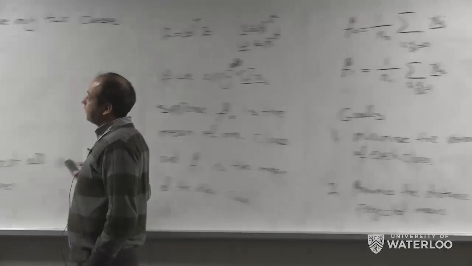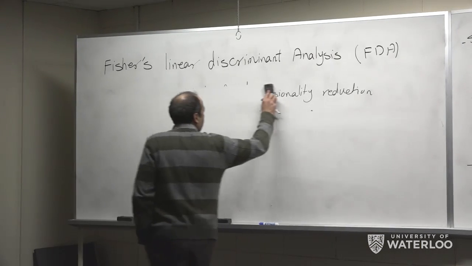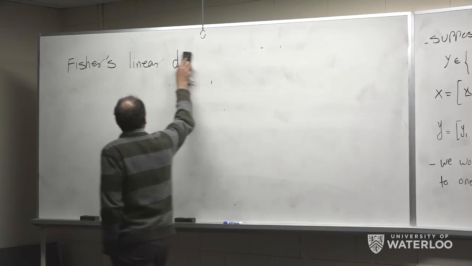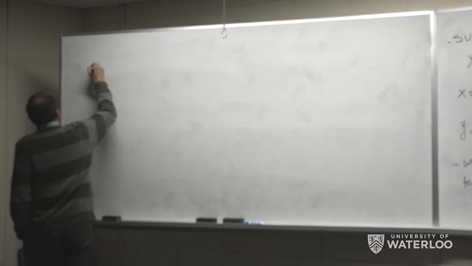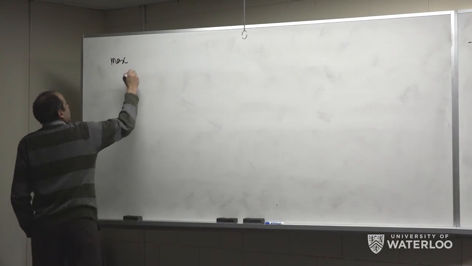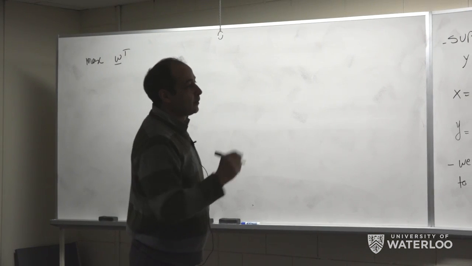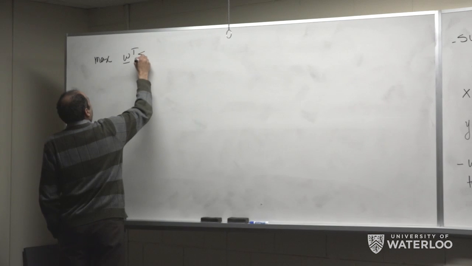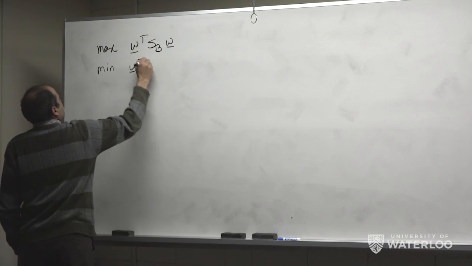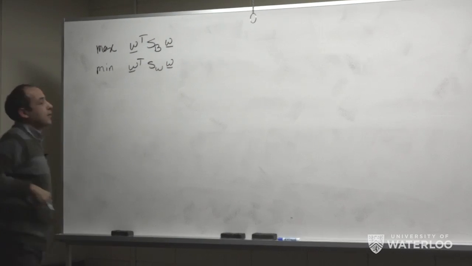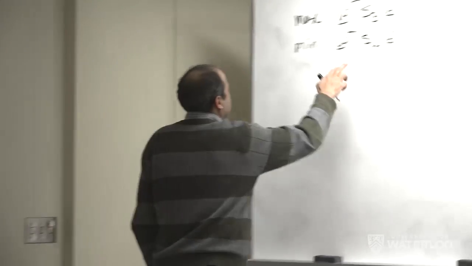So basically, I have to maximize W transpose SB W, and I have to minimize W transpose SW W. SB and SW are known.